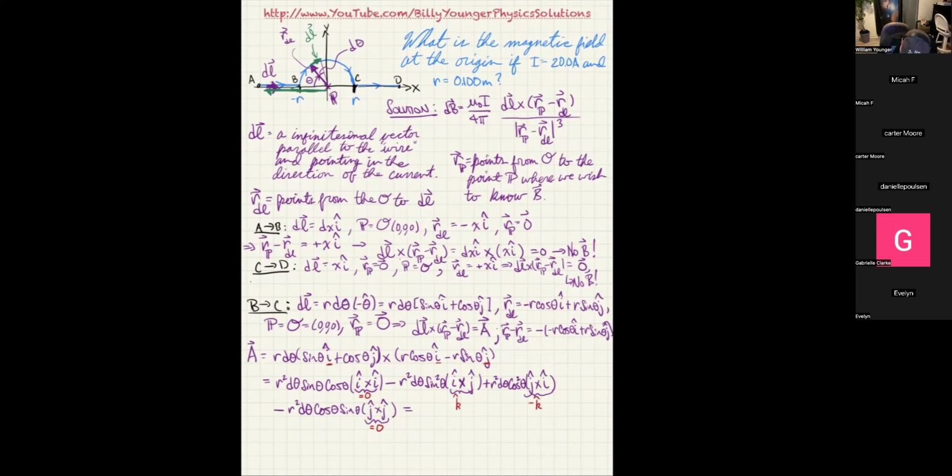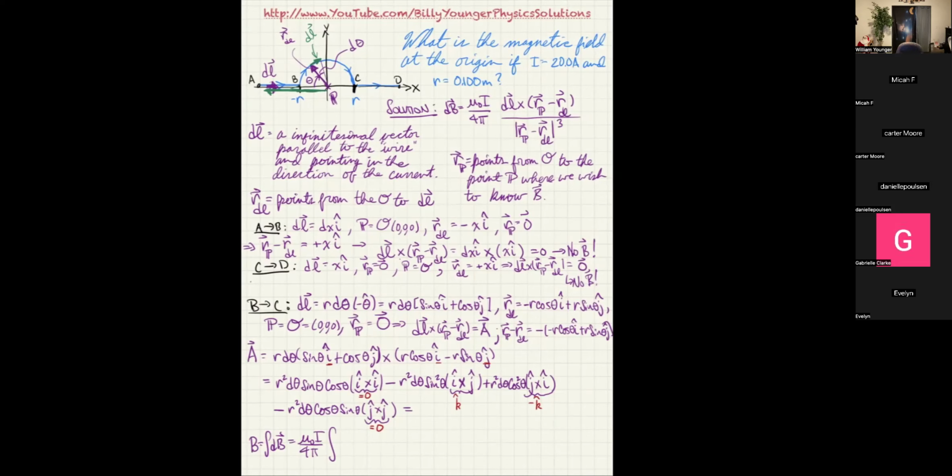So now let's go back and finish the job. So B is equal to the integral of dB, which is going to be mu 0 I over 4 pi times the integral. Now I've got to write these things, and you'll notice I have a negative k hat multiplied by positive r squared d theta cosine squared theta, and then I have a positive k hat multiplied by a negative r squared d theta sine squared theta.